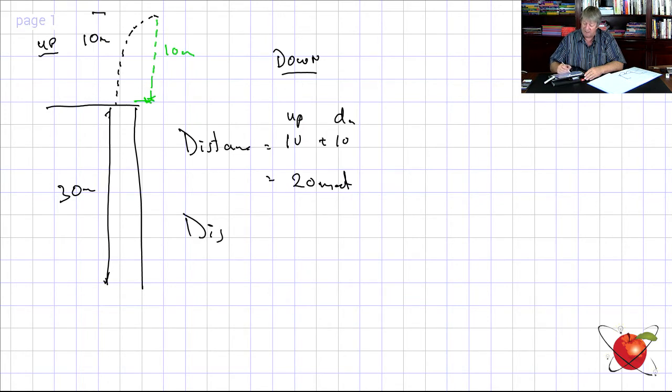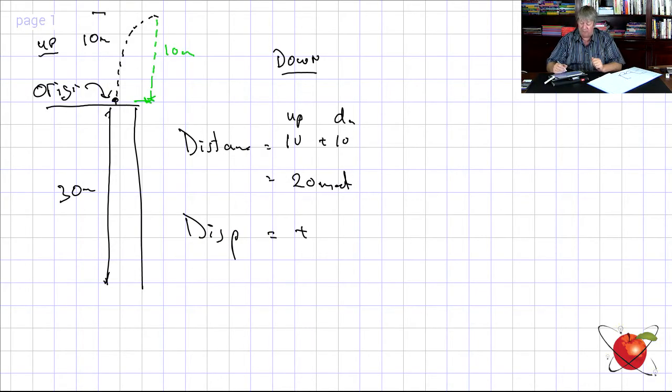But the displacement, where's the origin? The origin is my hand when I threw the ball up. So the origin is here. It's kind of like X marks the spot. The origin is where the ball left my hand, because if you throw a ball up, at the point it leaves your hand, that's the velocity that you've thrown it up with.